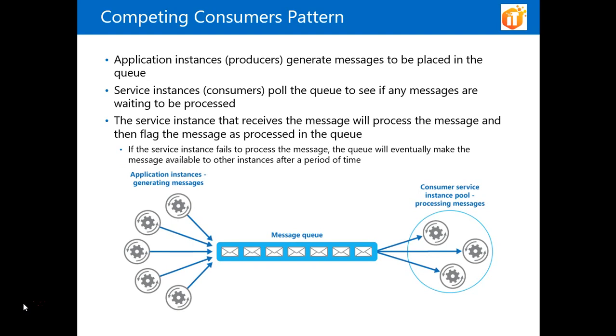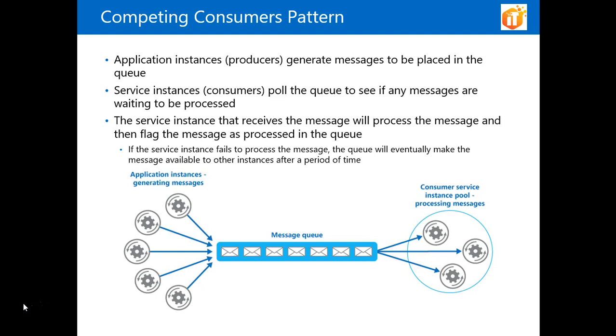So the competing consumers pattern enables multiple concurrent consumers to process messages received on the same messaging channel. This enables the system to process multiple messages concurrently to optimize throughput, to improve scalability and availability, and to balance the workload. So what is the context and problem? An application running in the cloud is expected to handle a large number of requests.